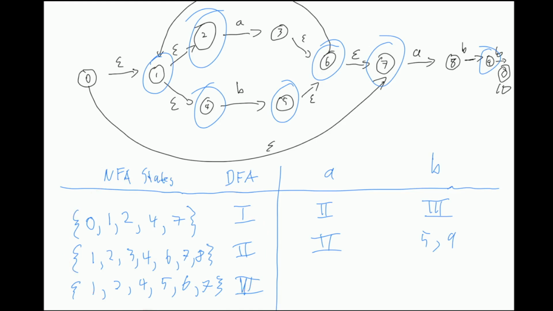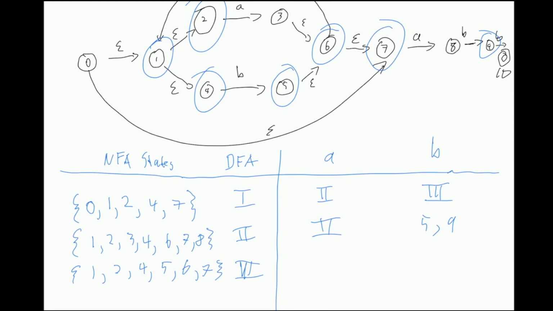No, right? So there's nothing that has 9. We have not seen this unique subset of states. So we can make a new NFA subset for this. So 1, 2, 4, 5, 6, 7, and 9. And let's call this Roman numeral 4. And we'll replace this with Roman numeral 4.